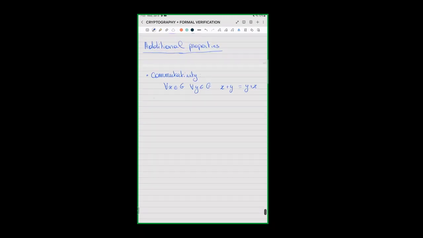We also use the term abelian, because it's related to a mathematician, for commutative group.